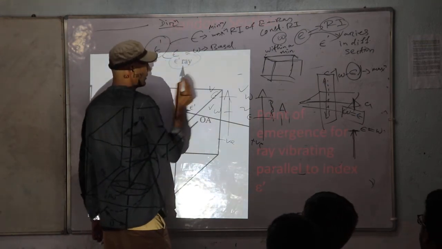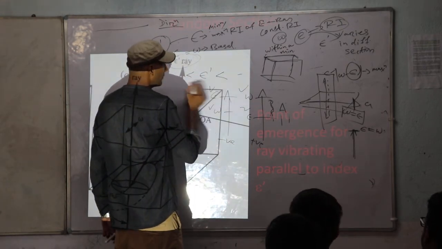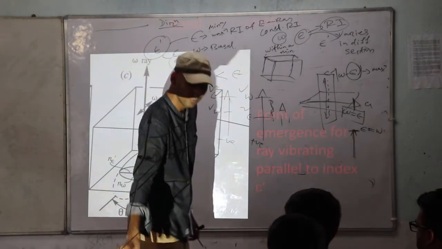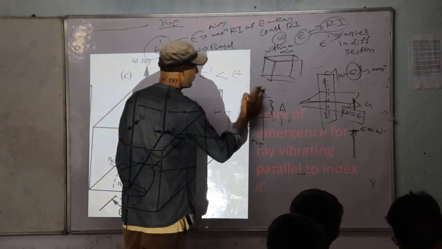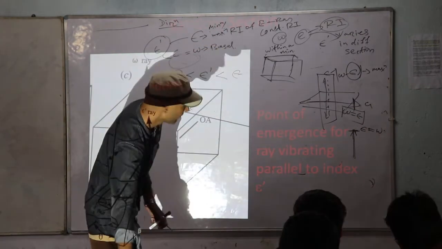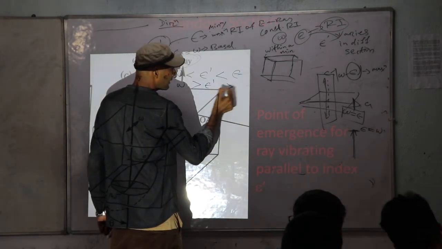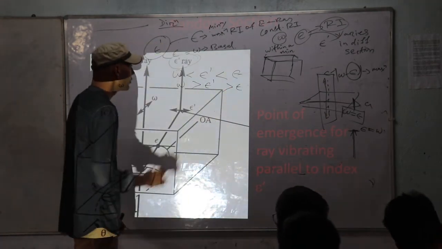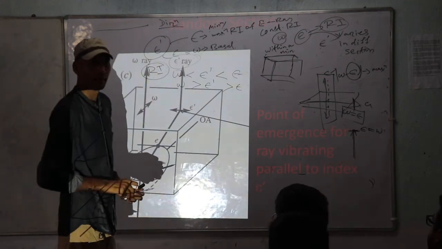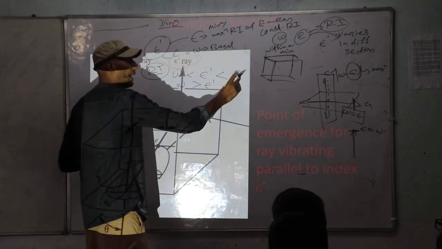Epsilon dash is either greater than omega and less than epsilon, or it can be omega greater than epsilon dash greater than epsilon. If I am talking about refractive index, omega is less than epsilon dash and epsilon.